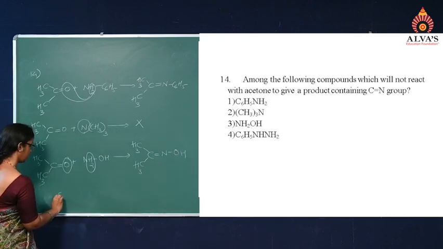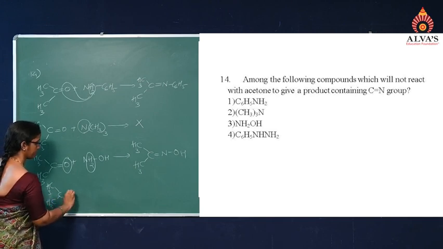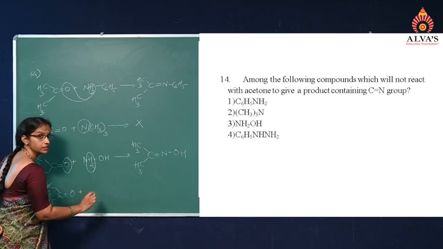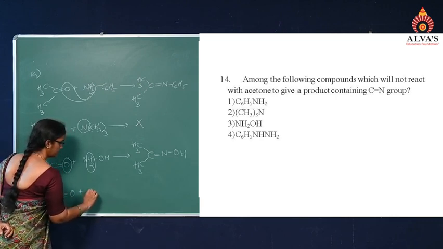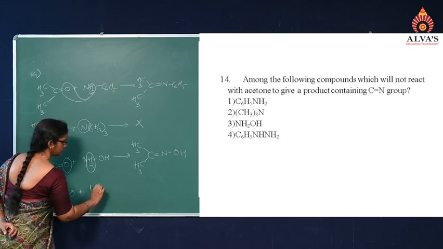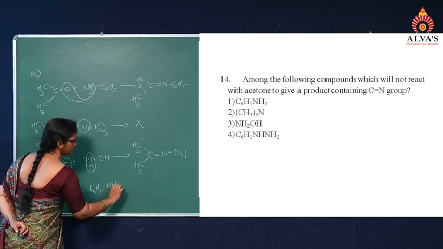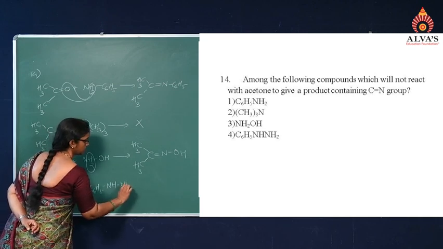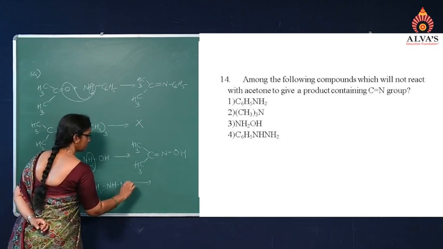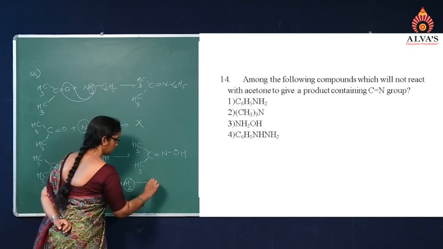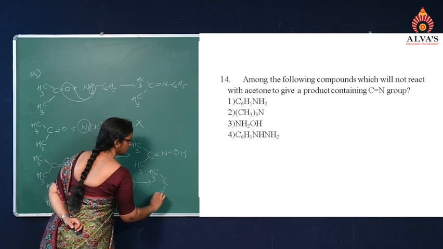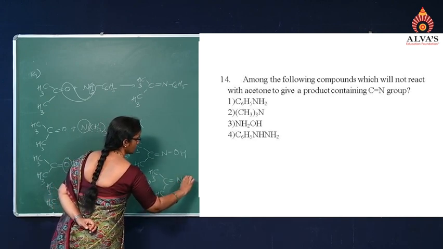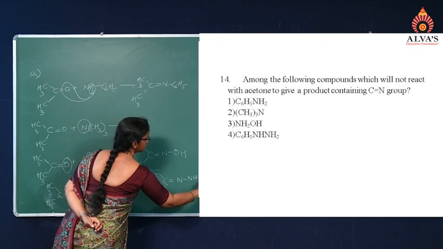And the last, when acetone is made to react with phenylhydrazine, I write it in this manner, C6H5NHNH2, it will undergo reaction between these two, resulting in formation of the hydrazone, (CH3)2C=N-NH-C6H5.